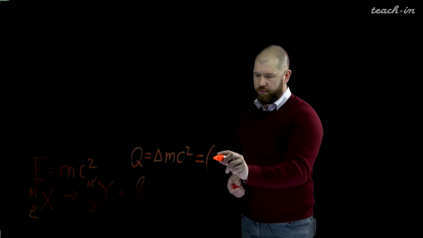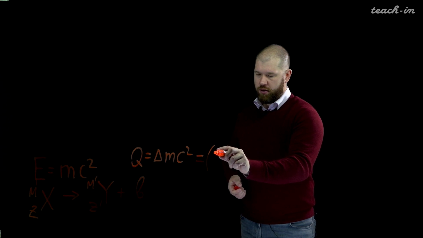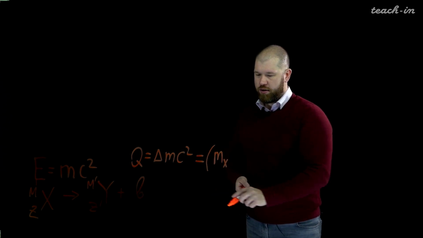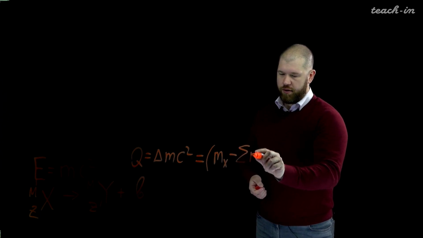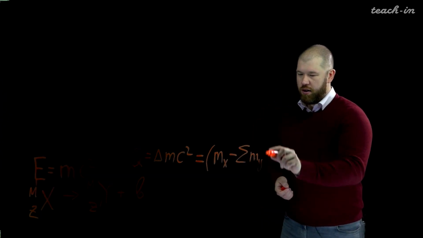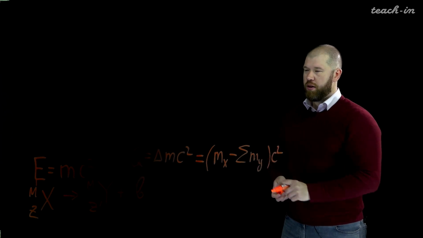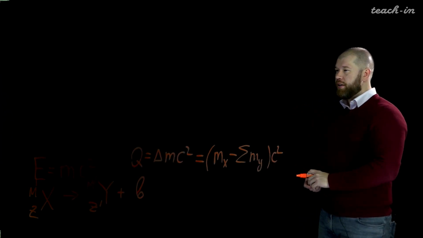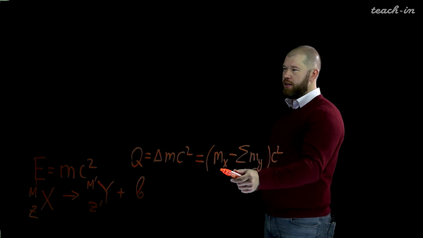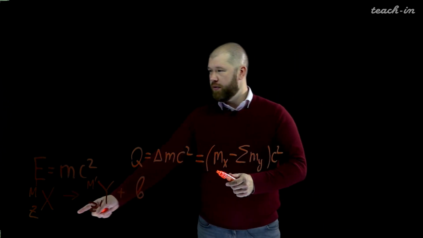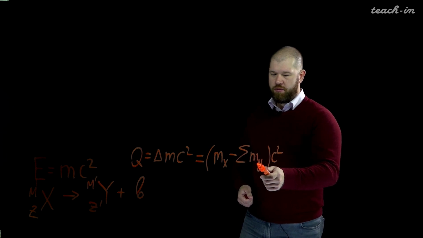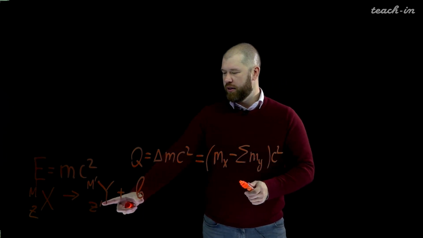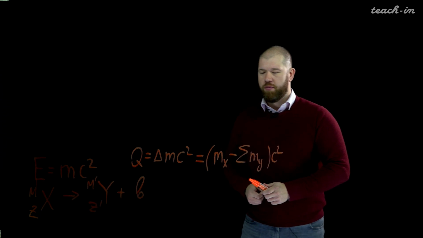It is mass X minus sum of M, let's say Y, C squared. And Mx here, it's the mass of initial radionuclide, and the sum of My, it's the sum of masses of the products.